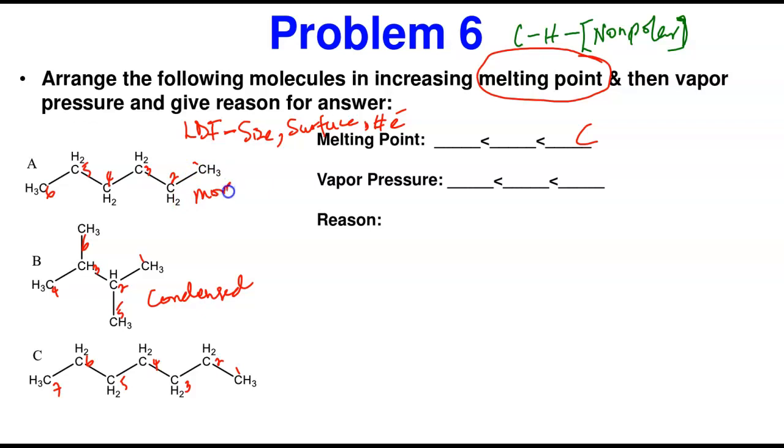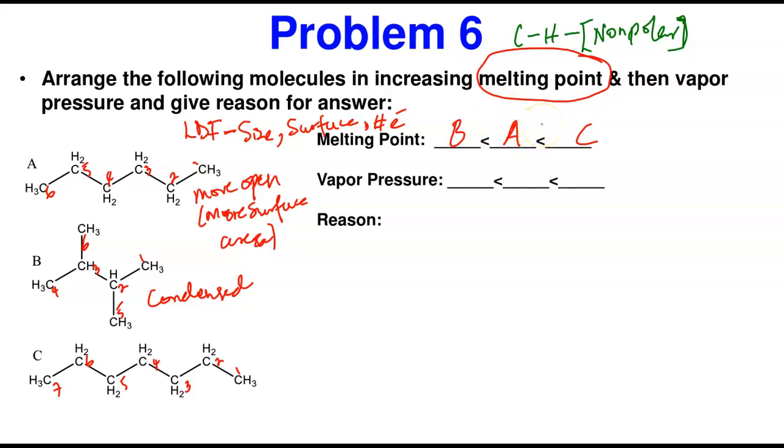Because this molecule is more open, it will have more surface area than this one. So that means A is going to follow. A is going to be in the middle, and then the lowest is going to be B. So B is going to have the lowest melting point, followed by A and followed by C.